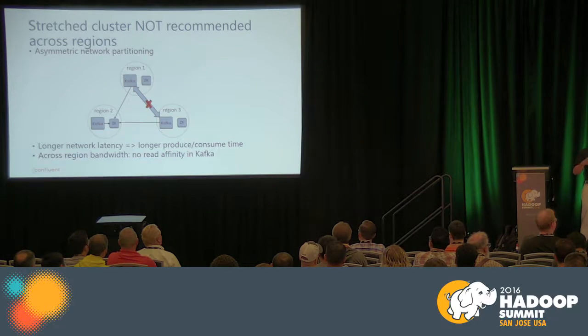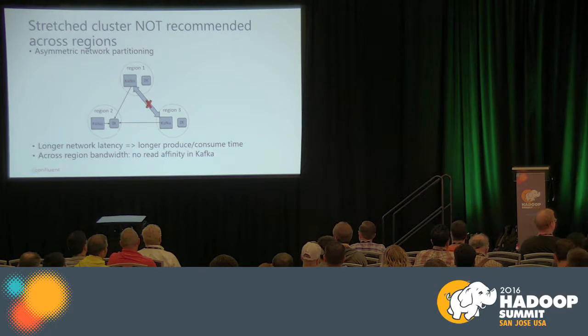But the communication between region 1 and 3 is disconnected. All the brokers can potentially still register through the Zookeeper instance in region 2, because that network is fine. From our cluster's perspective, all the brokers are successfully registered in Zookeeper. They're all alive.